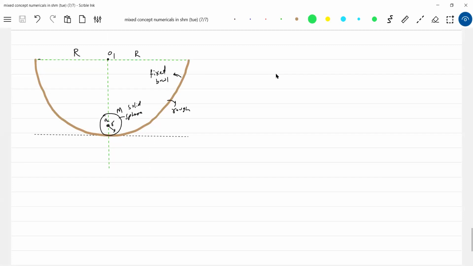So we have to calculate the time period of oscillation. Okay, let's see how you bring it. I'll give some time to analyze, because now you have enough methodology on how to deal with rolling.